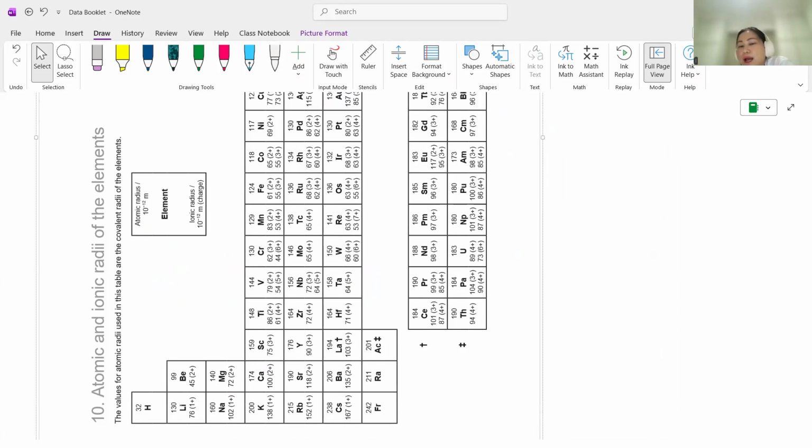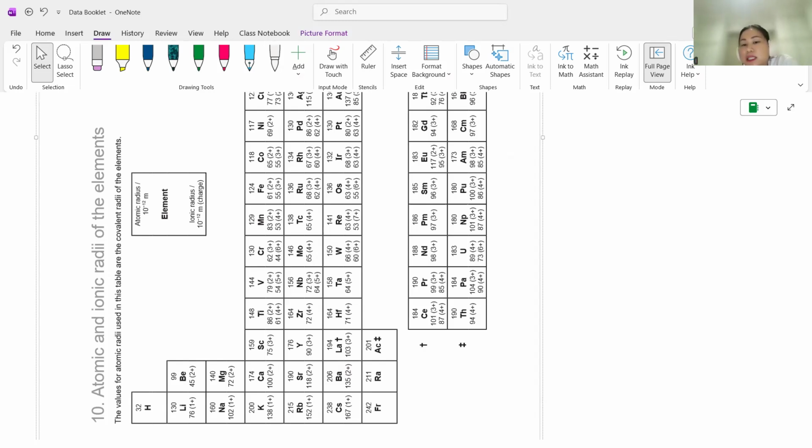And the chromium atoms can replace some of the iron atoms to form stainless steel without changing the crystal structure significantly. If you look at the ionic radius of the cations, they are even more similar, and the attractive force is not significantly affected.